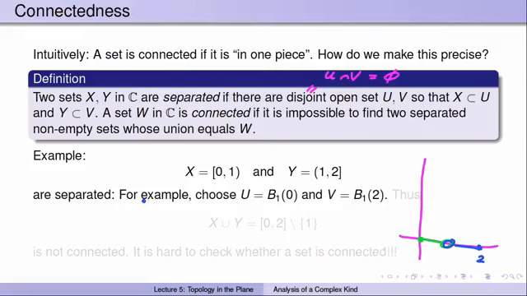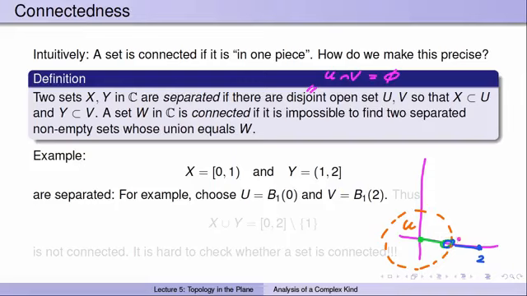Then these sets, I claim, are separated because we can find open sets U and V that are disjoint and contain X and Y. So, for example, U could be the disk of radius 1 centered at the origin. This set U contains all of X. Because that boundary point here was not part of X, I'm not missing anything. So that's an open set that contains all of X.